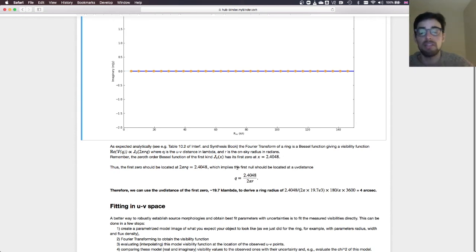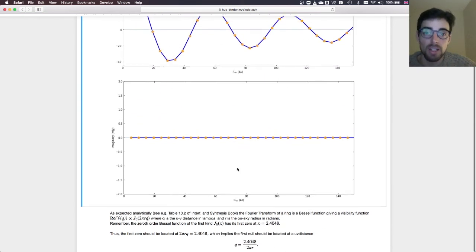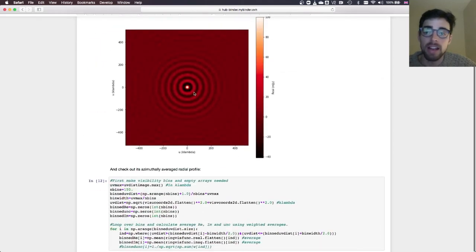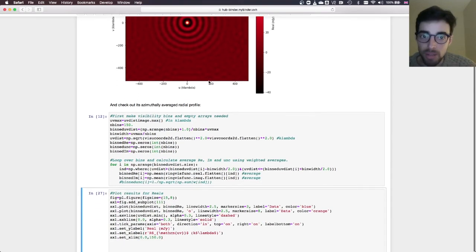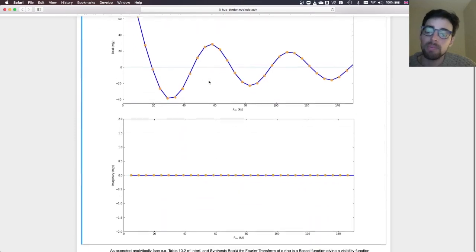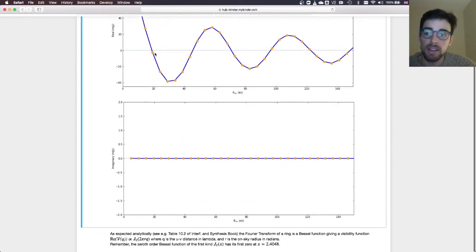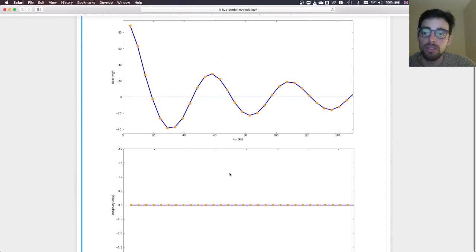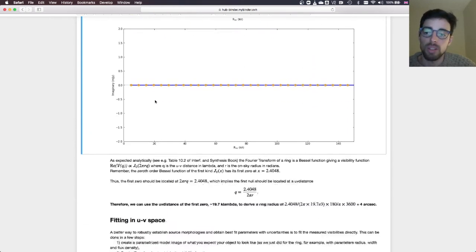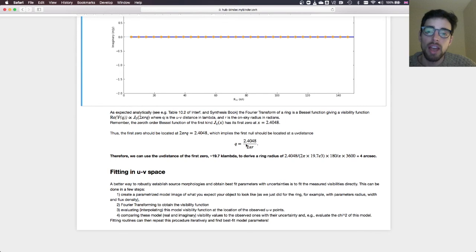So without having to do any imaging, if we looked at our data and it looked like a Bessel function as a function of UV distance, we could just infer that it's a ring, and by looking at the first null, we can basically infer its radius. So the first null here is at around 19.7 kilolambda, which if you extract r from this equation, where q is 19.7 kilolambda, you get that the ring radius is indeed 4 arcseconds.